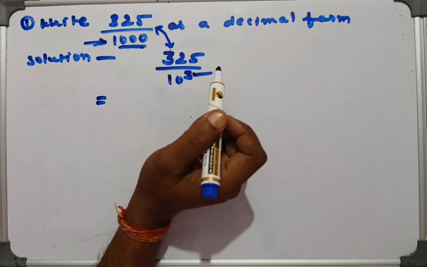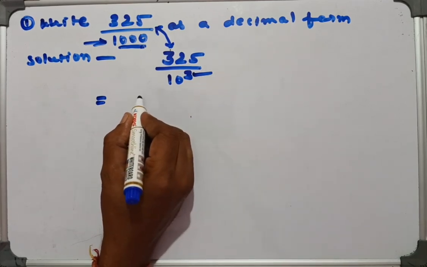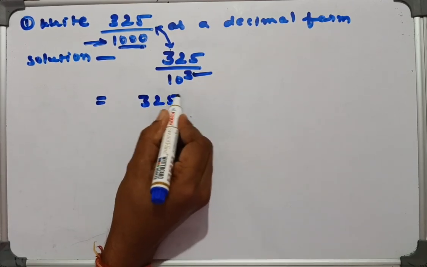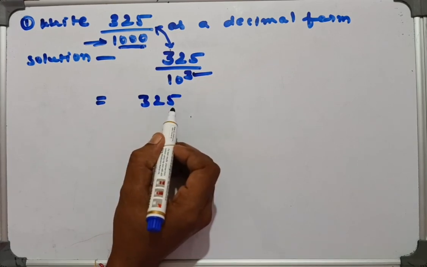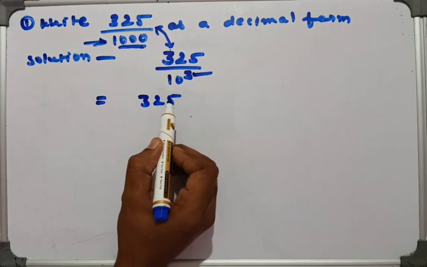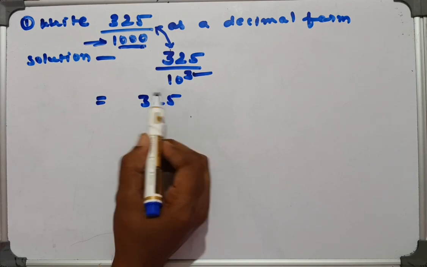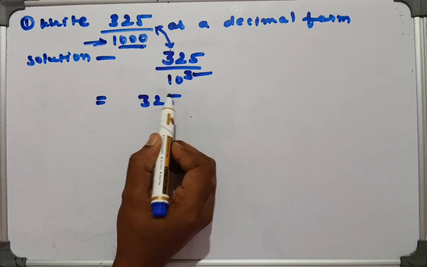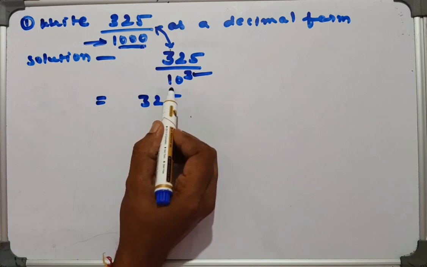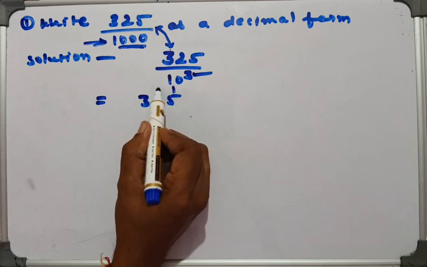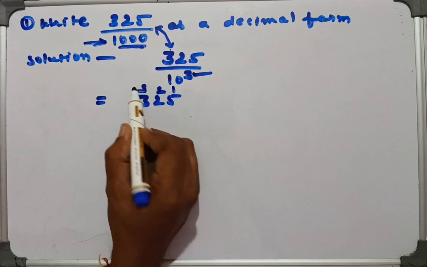Now see, we write the numerator, count from the extreme right and go in the back direction 3 steps: one step, second step, third step.